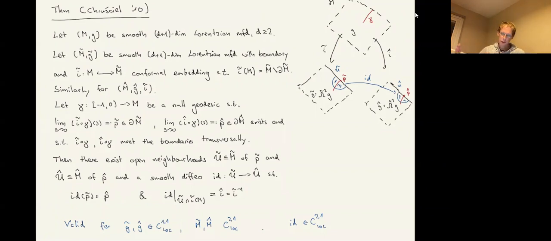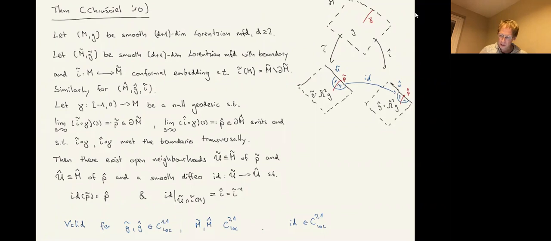Here the language that one uses is always of attaching just a smooth boundary, and this is also why conformal embeddings are interesting. The reason that the theorem does not extend below regularity C^{1,1}_loc is that the proof crucially exploits null geodesics, and so we can only go to C^{1,1}_loc.